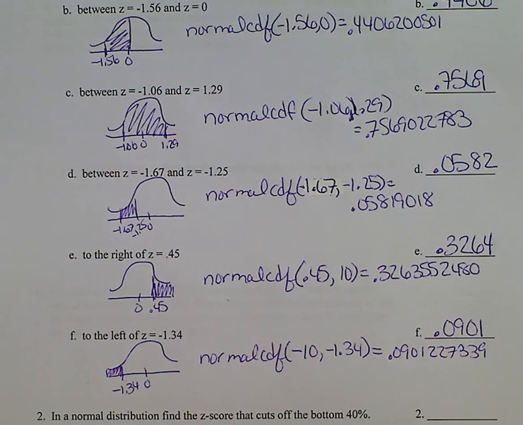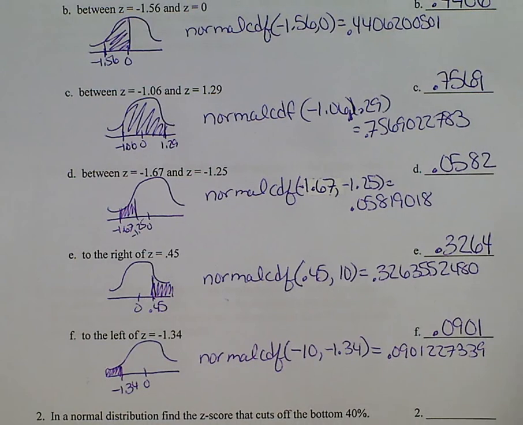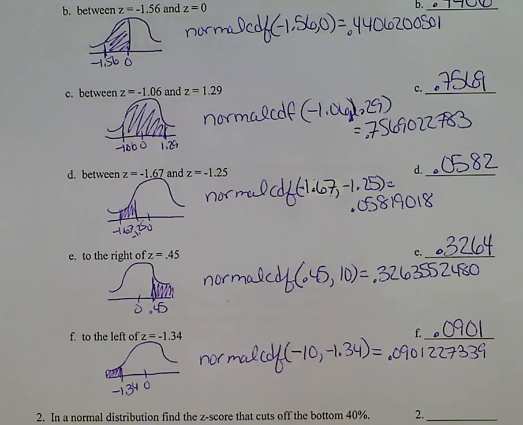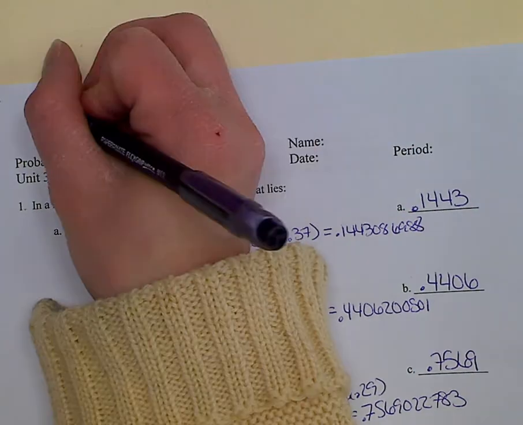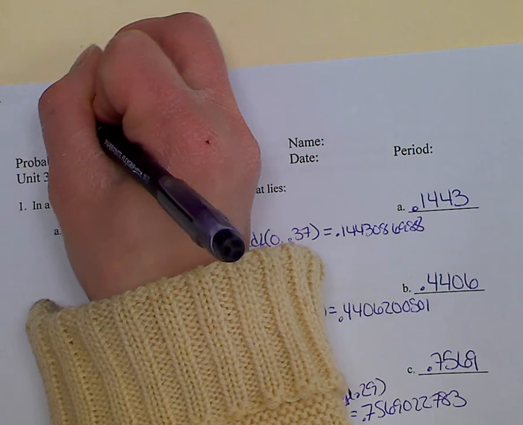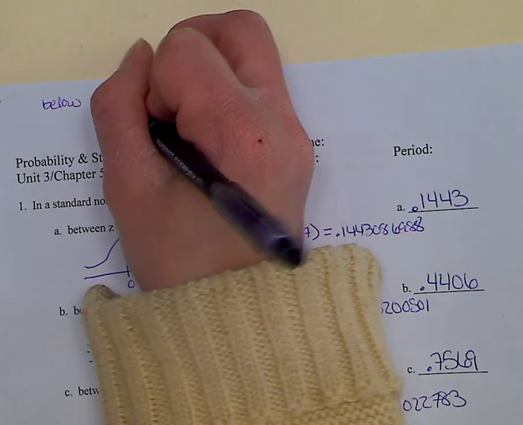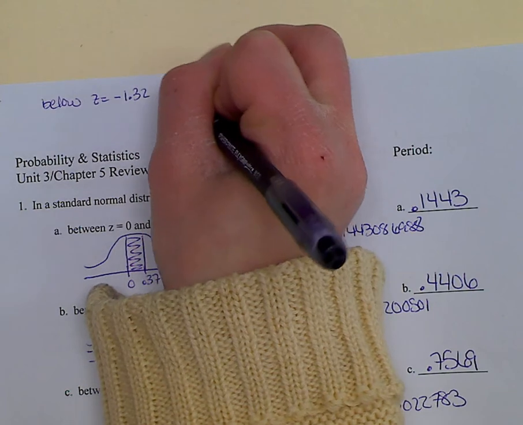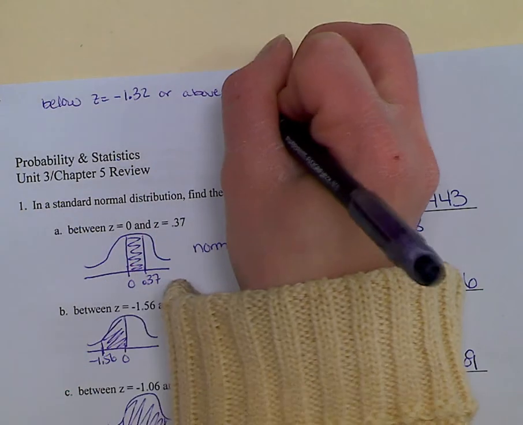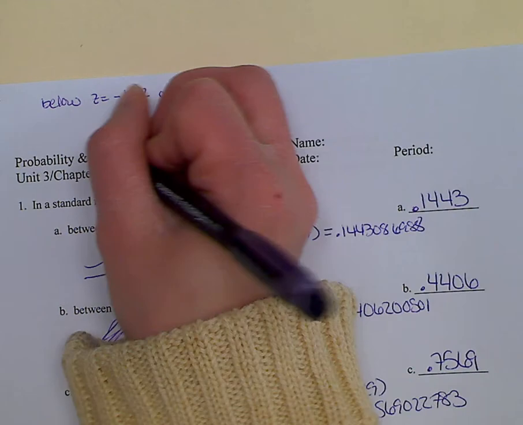Okay, the only other type of problem that you're going to see possibly from this set would be, I'm going to actually write it at the top of the page here. Something like below z equals negative 1.32, or above z equals 2.01.